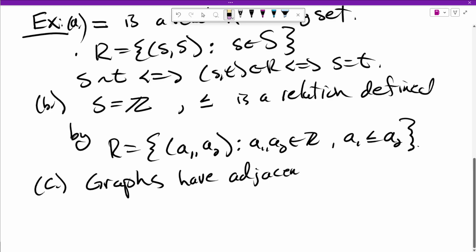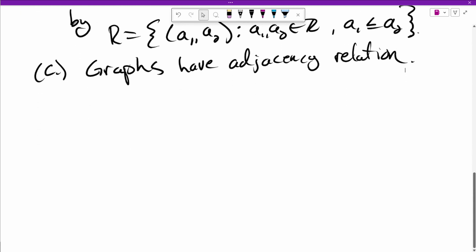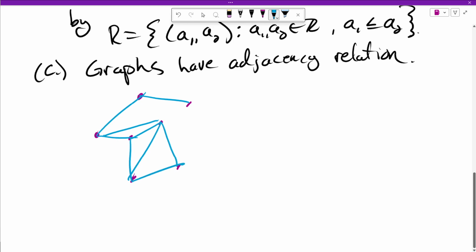So if I have a graph, remember a graph is just a collection of vertices, and they could be crazy, and then we have edges connecting them. Maybe they are connected in this way. Okay, so something like that.